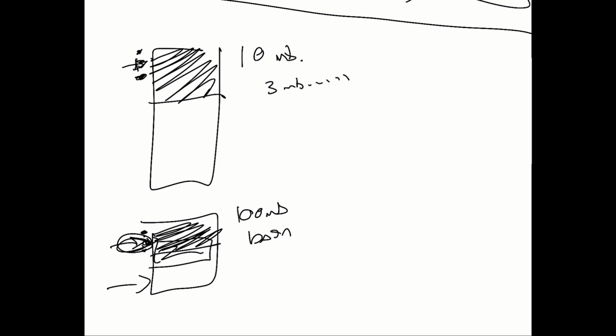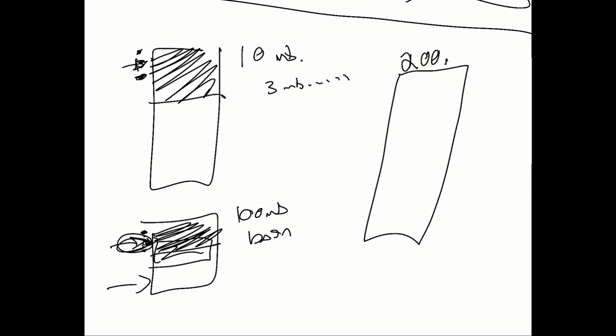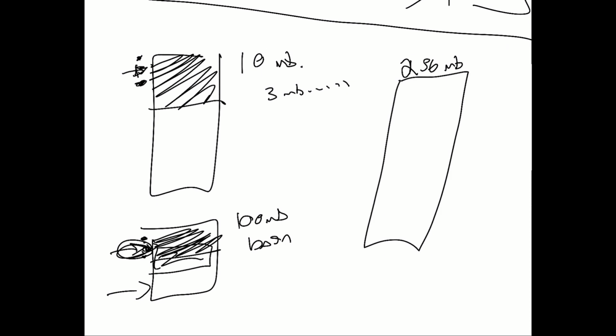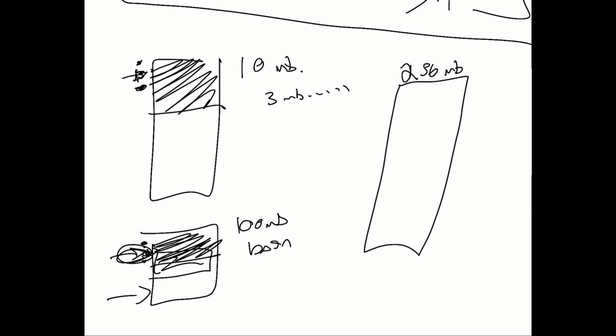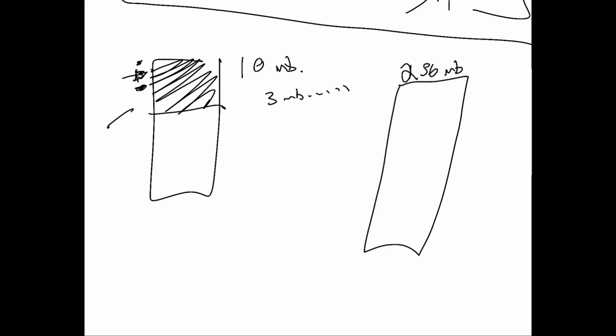Let's say that your main memory can hold, to make math easy, let's just say 200 megabytes, maybe 256 because it's a power of 2. So you can hold 256 megabytes of memory. To make the math easy, let's get rid of the data. Let's just say that the 10 megabytes includes both instructions and data, and that the whole program is 30 megabytes.